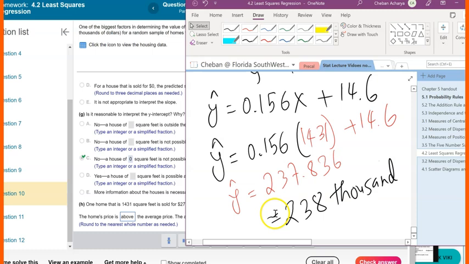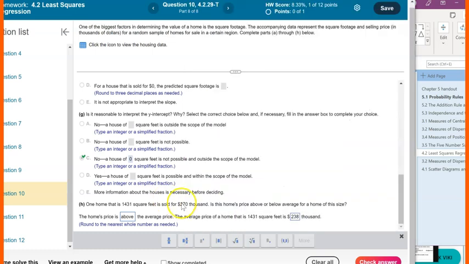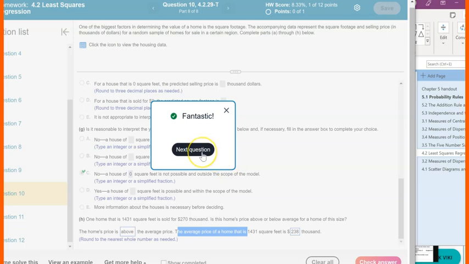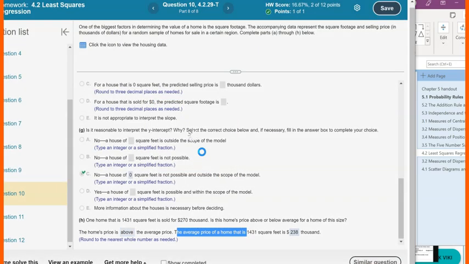We found it here, but the house was sold at that price. That means the home price is above the average price. The average price of a home of 1431 square foot is 238,000. That's the answer. Okay, fantastic. And this question is finished.